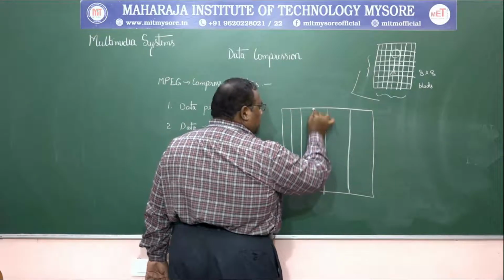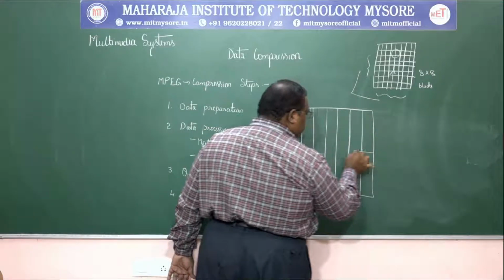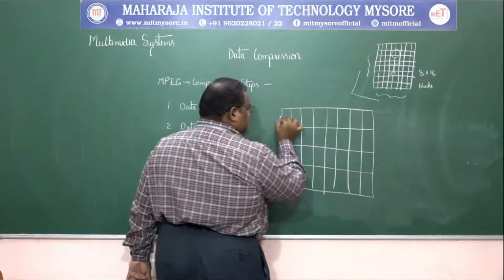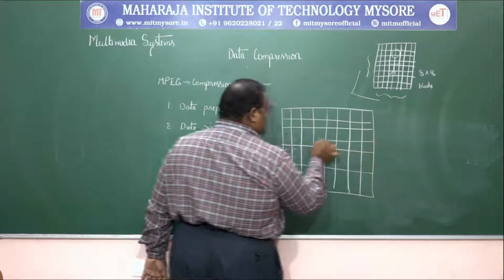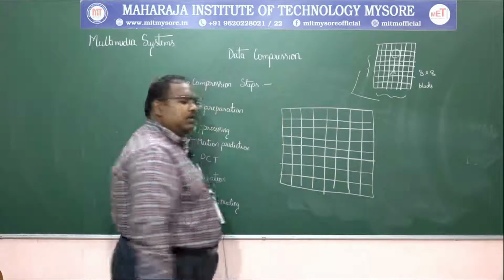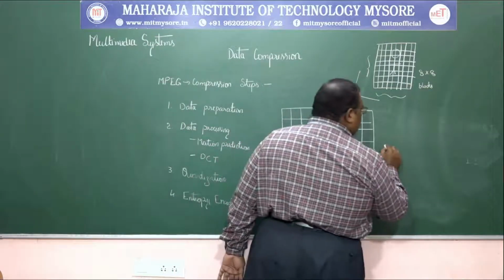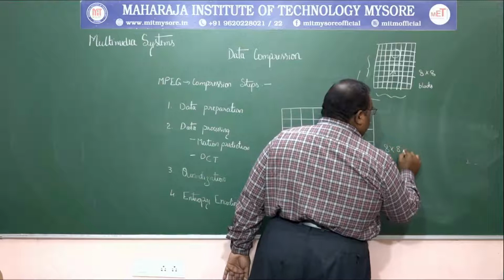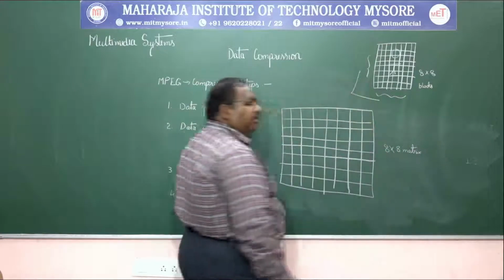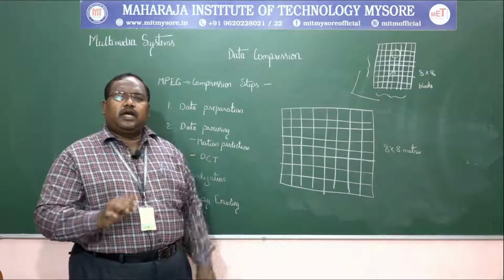Now I will expand it in order to make it 8 cross 8. Now we have a frame with an 8 into 8 matrix section. We have 8 rows and 8 columns. How does this zigzag movement happen?